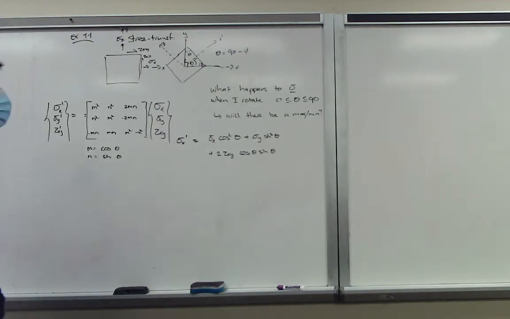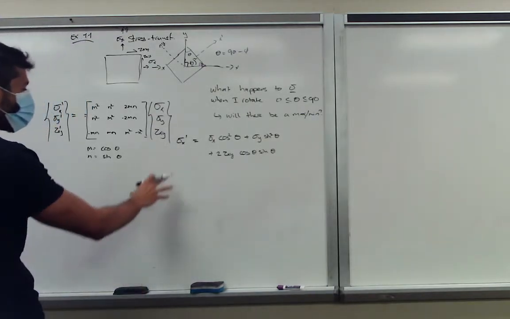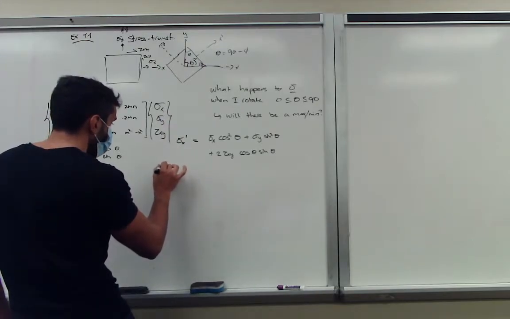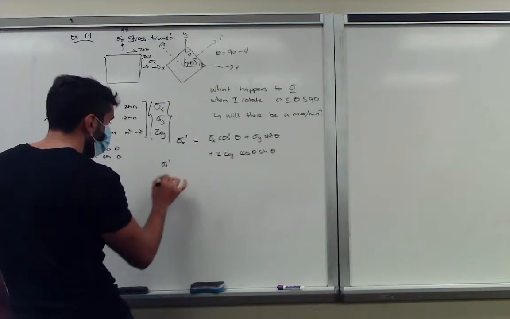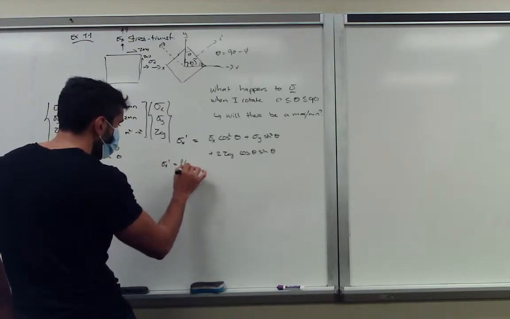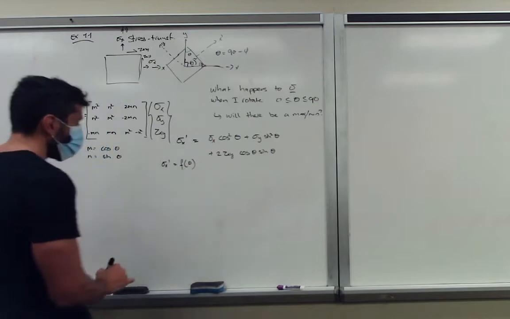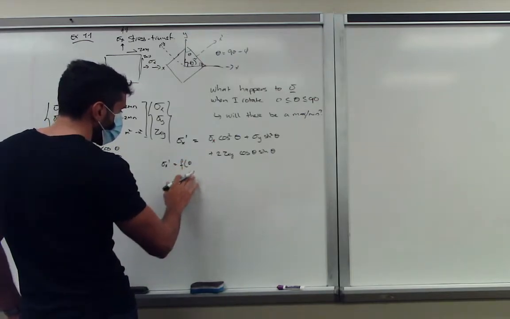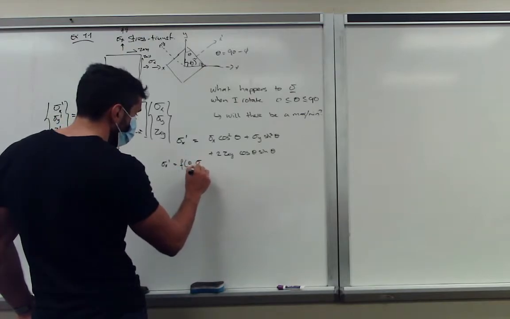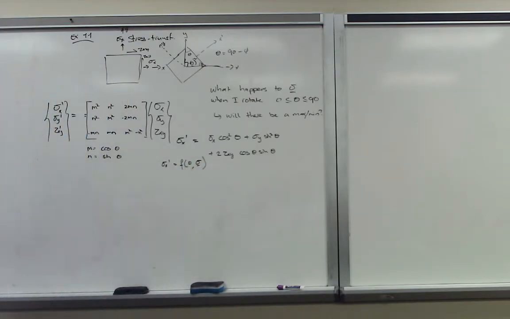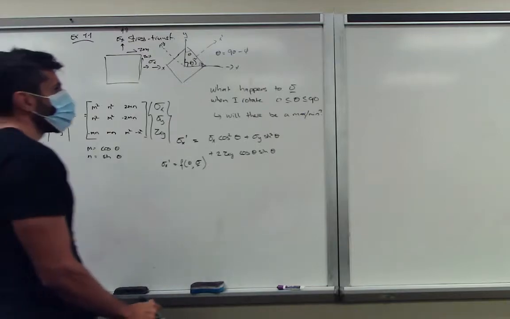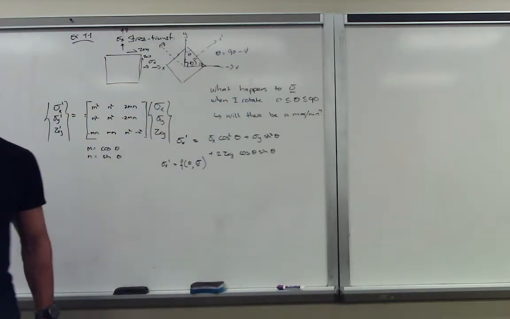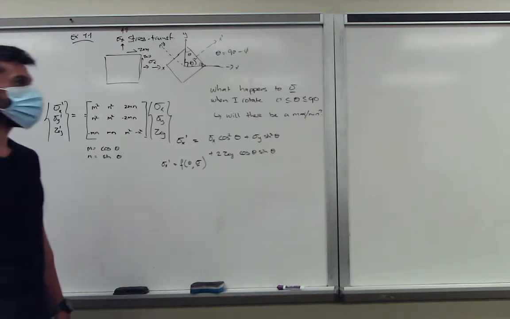What this basically says is that sigma x dash, the rotated stress, is a function of our theta, and of course a function of our stresses. Like any other function, if we want to find a maximum or minimum, we take the derivative, set it equal to 0, and we can say something about it.